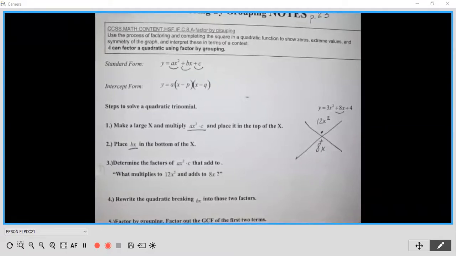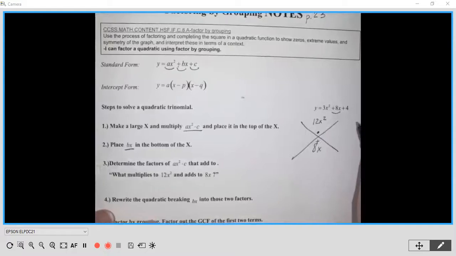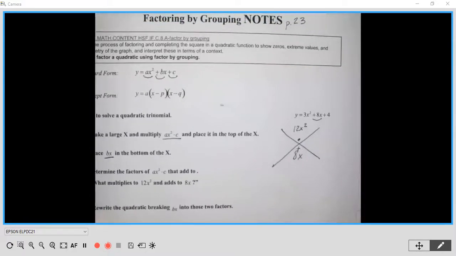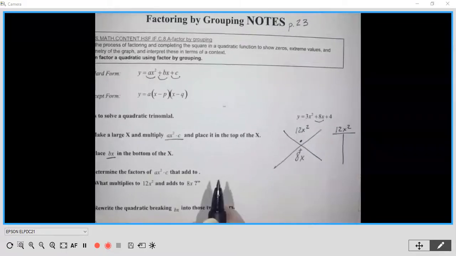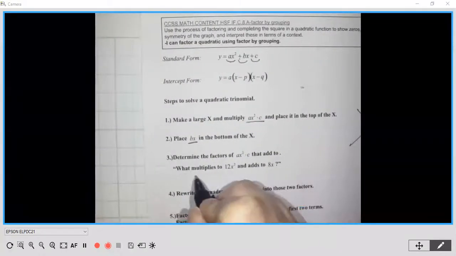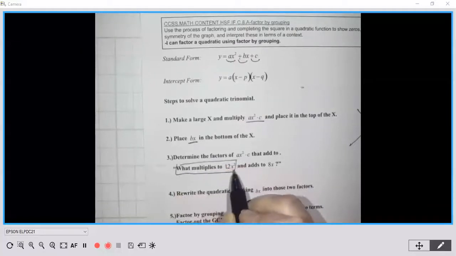So I'm going to show you a strategy that, if you're not super great with your math facts and factoring, is just going to help you. So 12x squared, that's our number that it has to multiply to. So I'm putting it here.